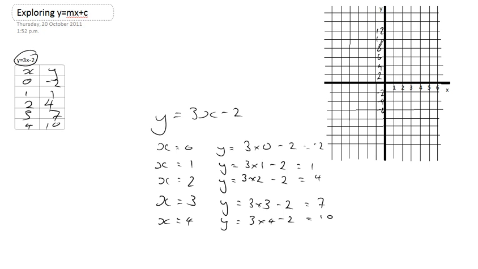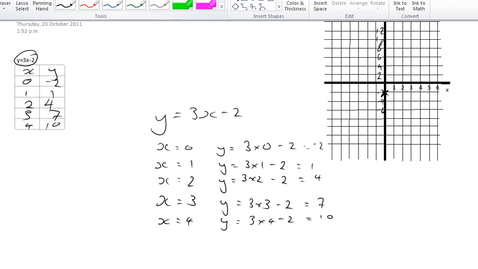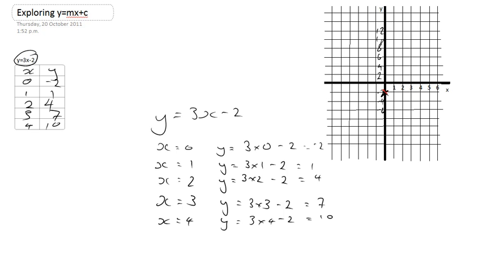So when x is 0, well, 0 is in the middle, y is minus 2, so it's there. Excuse me while I just change the colour of my pen so you can see it a bit better. So that's my first point. When x is 1, y is 1, so that's halfway between. When x is 2, y is 4. When x is 3, y is 7.